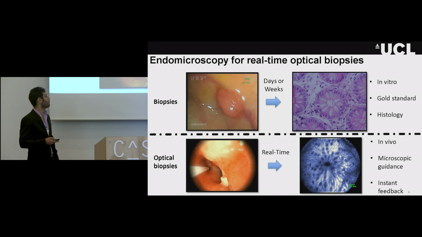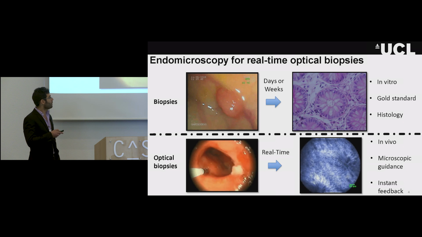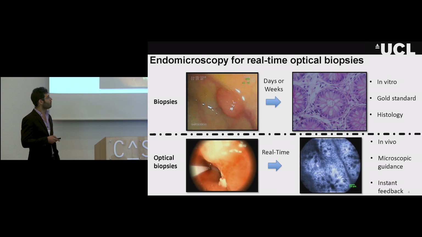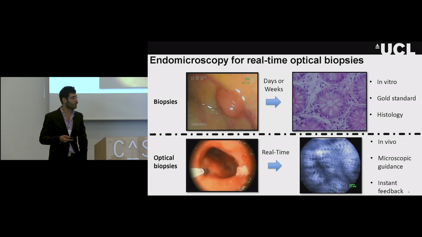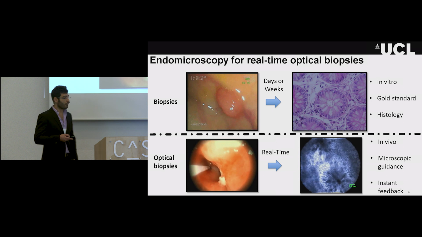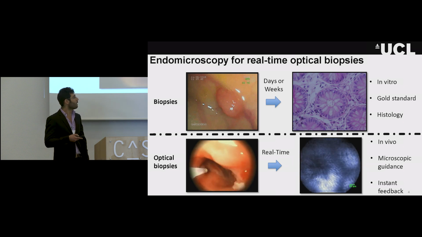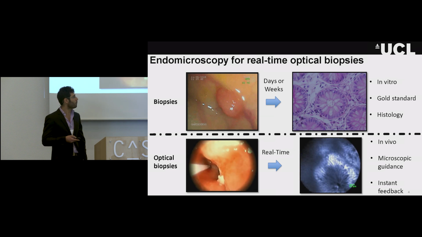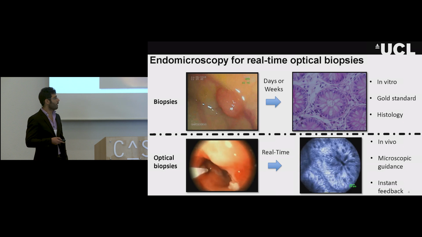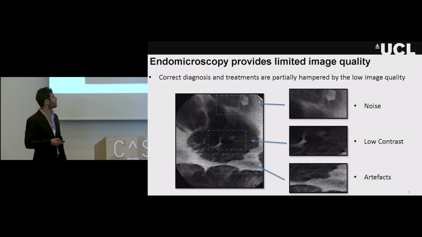What is optical biopsy? Optical biopsy generates histologic-like images, and therefore the surgeon has feedback in real time. This can help the investigation of the tissue be performed better. And moreover, the patient can receive instant feedback and eventually a possible diagnosis.